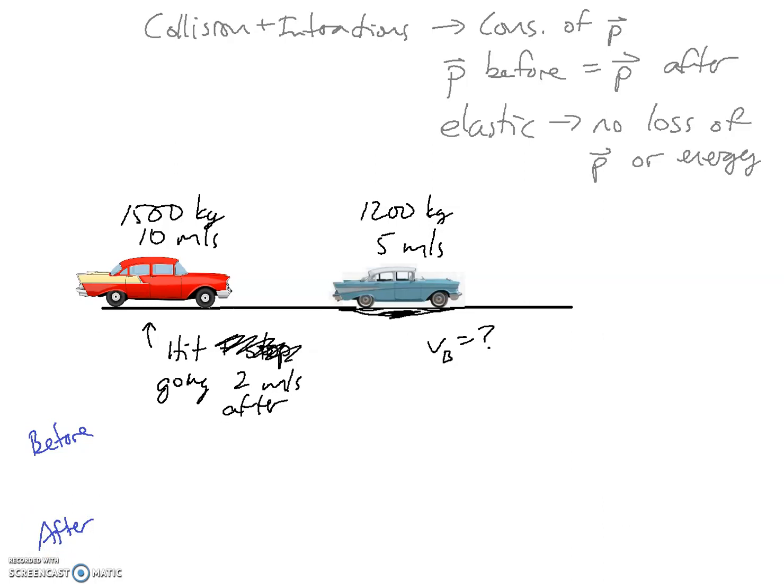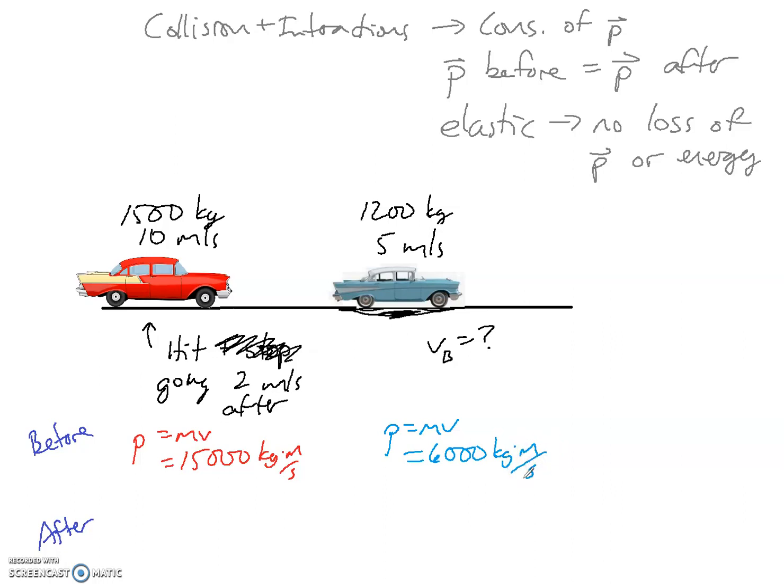Momentum, P equals mv, and if I do the mass times the v, which is 10, that's what we're starting out with, it's got 15,000 kilogram meters per second.